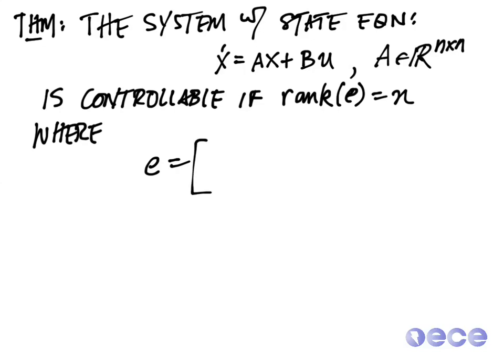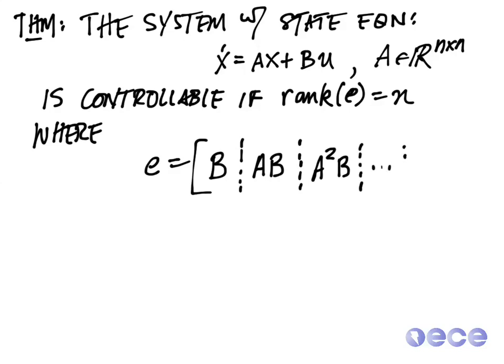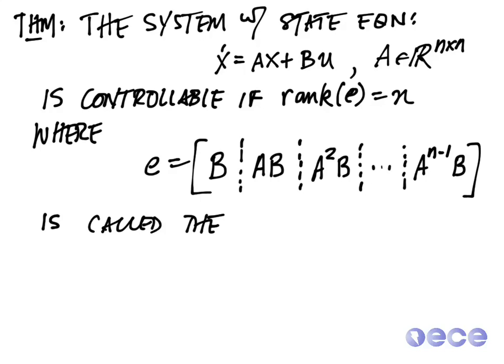We're going to compose it first with a column or columns of B, and then a column or columns of AB, A squared B, all the way to A to the n minus 1 times B. And E is called the controllability matrix.